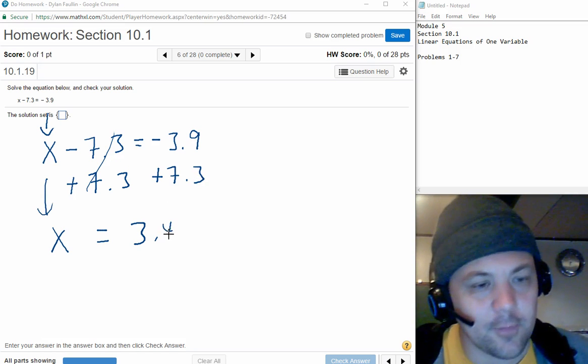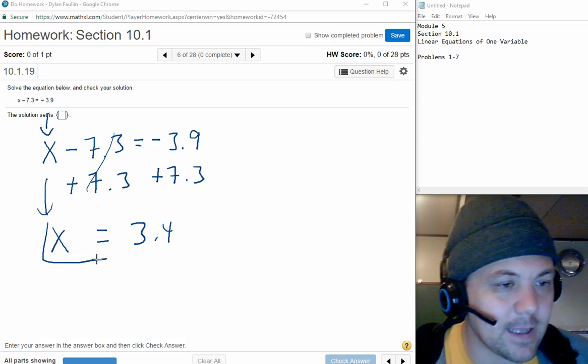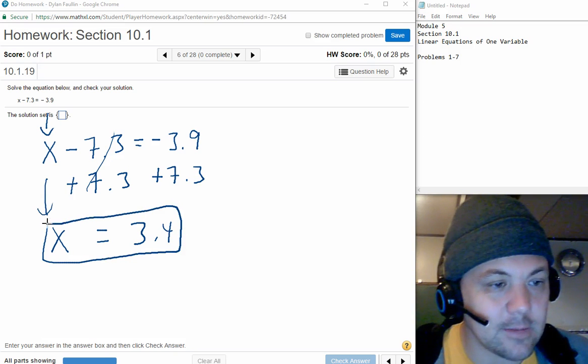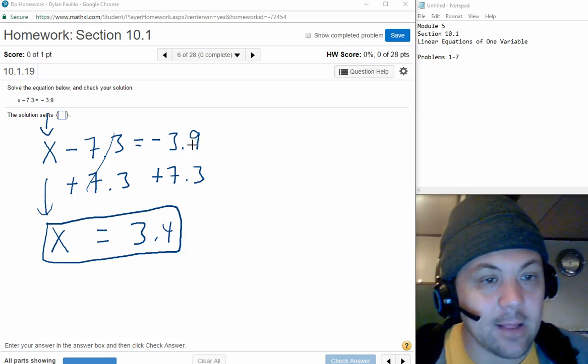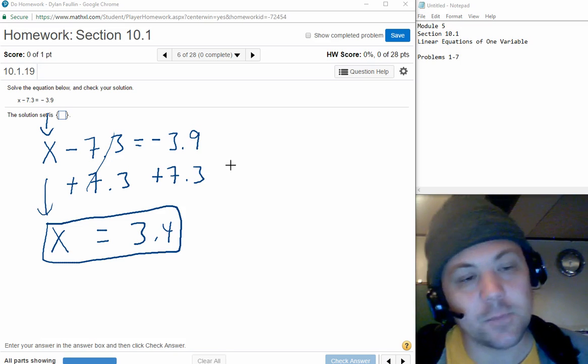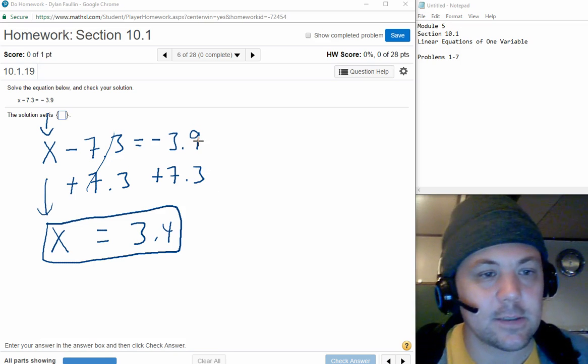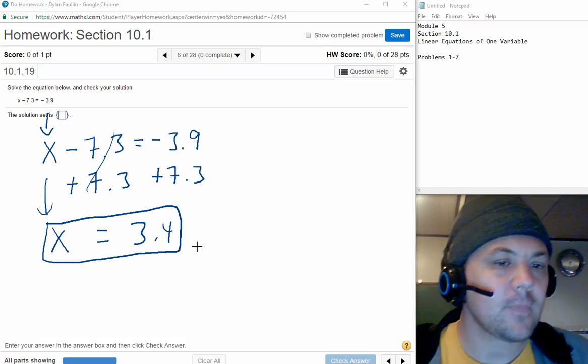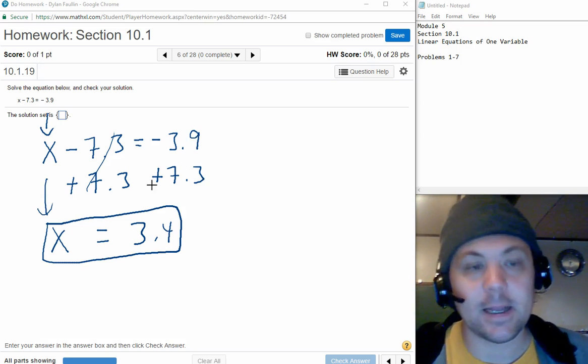So it's going to be 3.4. I don't know if that made sense or not, but that's how I come up with the answer in that case. I add the 0.1 here, but then I have to add it here as well to balance it out. Maybe that's a good way to think of it. So it's going to be 4.0, and this will be 7.4. All right, so we get 3.4 positive in this case.